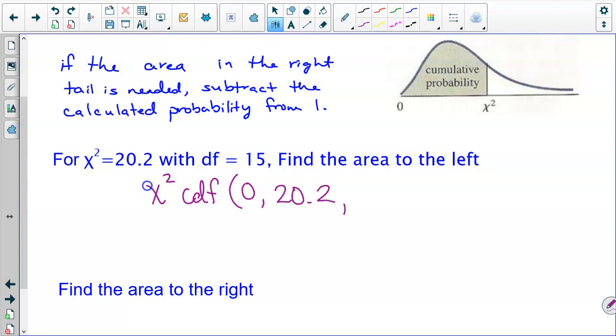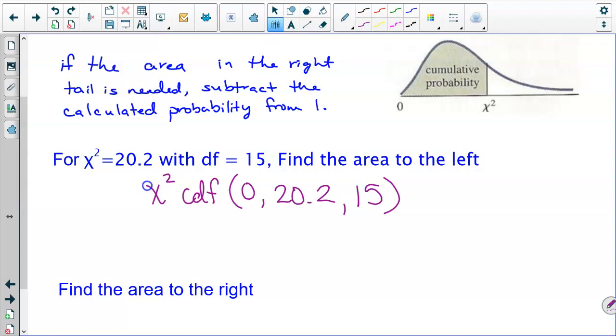And then I'm going to put my degrees of freedom, which was given this time, 15. So everybody in your calculator hit second bars, go down to 8, the lower limit 0, upper limit 20.2, and then degrees of freedom 15, and paste it.